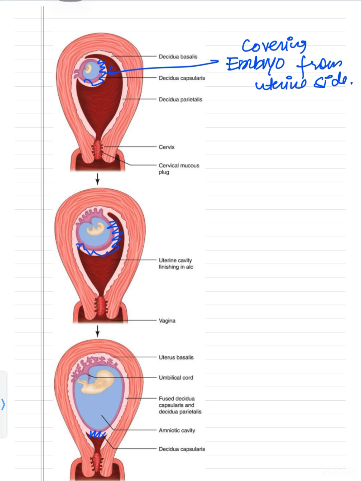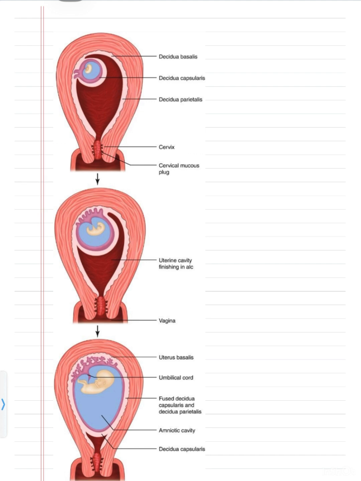And the rest, whatever is left, is known as the decidua parietalis. So this is about the decidua. Now in the case of placenta accreta, this decidua basalis is absent.